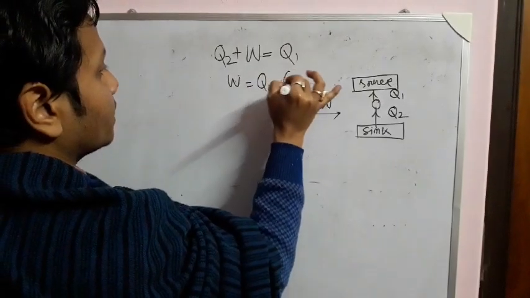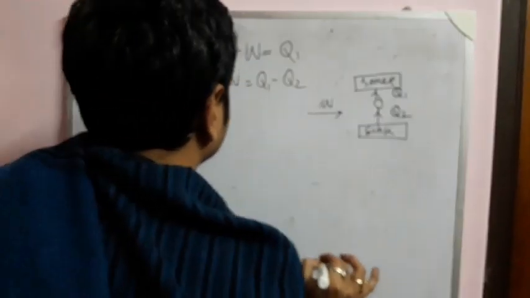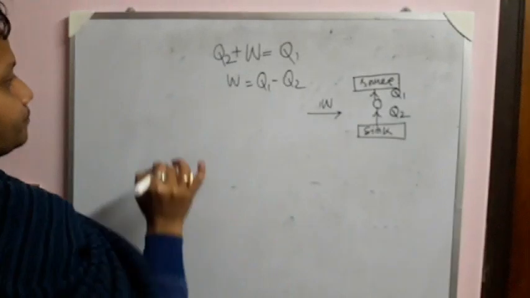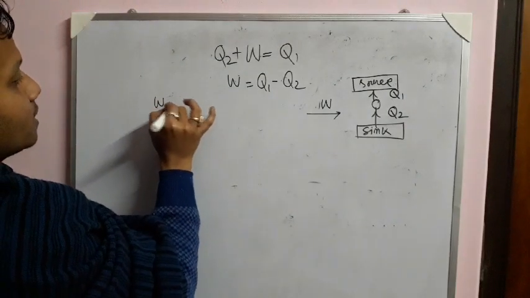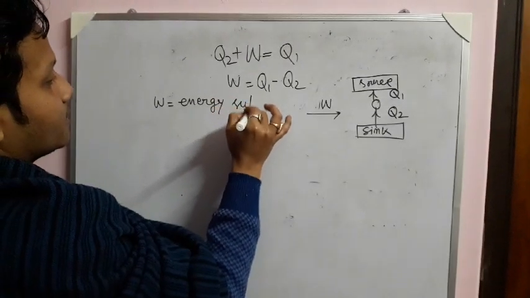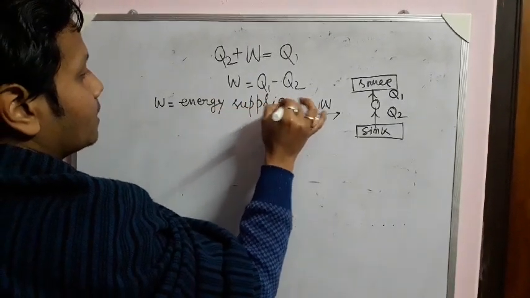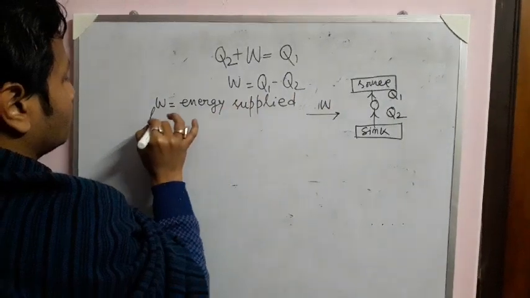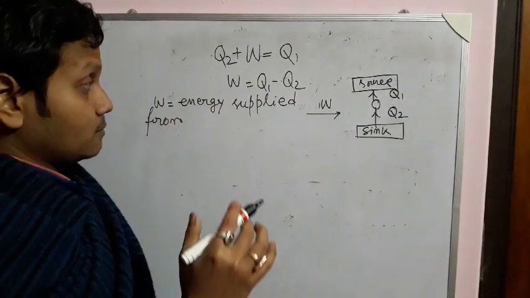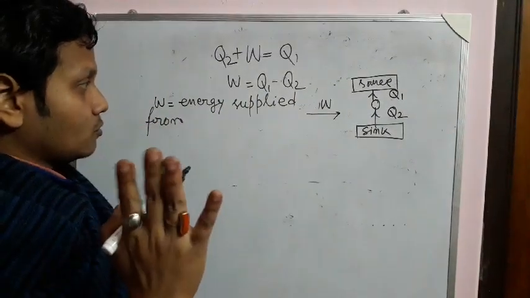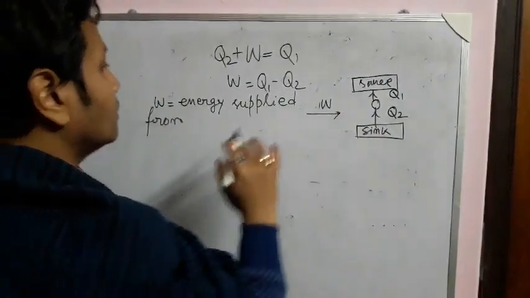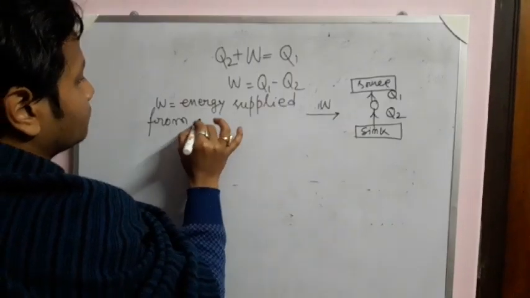W is Q1 minus Q2. Here W is the energy supplied from outside.